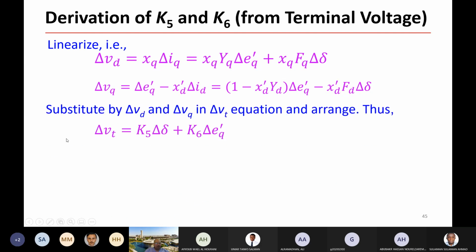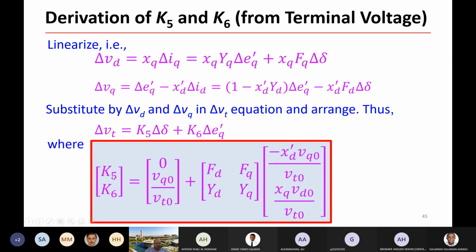So you can express delta VT as K5 delta delta plus K6 delta EQ prime, and of course you can combine what is the value of K5, which will be in terms of XD prime, YD, and so on. So this is K5 and K6.